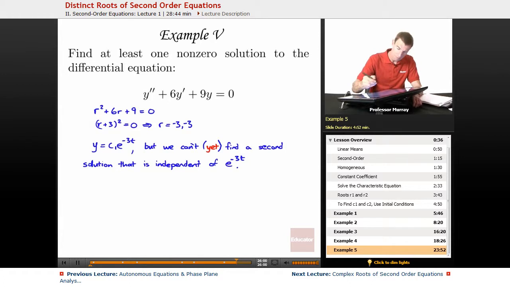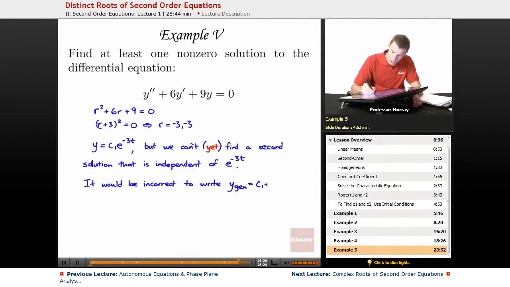I will say a common student mistake would be to write the general solution as, well, if you just blindly look at these two roots, you would say c1 e to the negative 3t plus c2 e to the negative 3t, because you just copy your two roots into the exponents here.